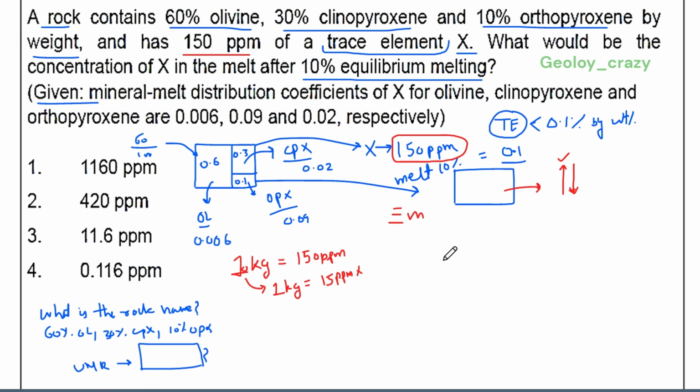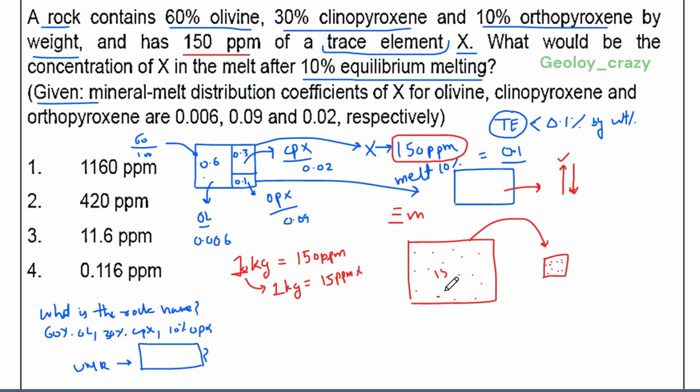Initially the volume is more. This much volume we have, suppose. Now we are melting up to this much only. Initial trace elements are like this. After melting, these trace elements will come out of this, because trace elements will come first, right?